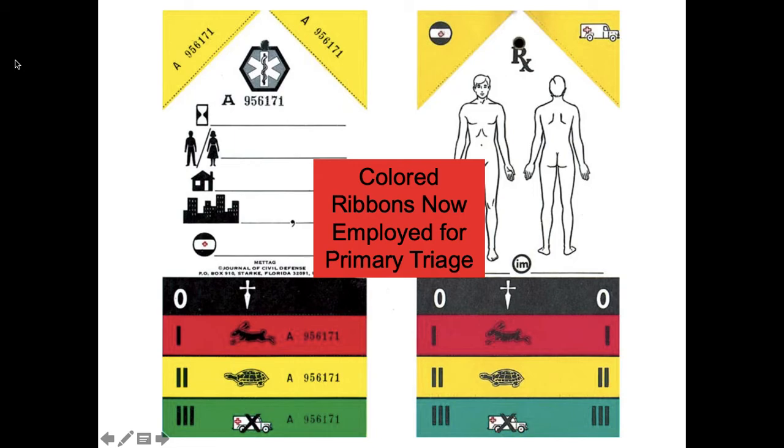So we use these ribbons now, these 4 different colored ribbons. The reason is it's a lot cheaper for one thing, and also they can be easily changed out without a lot of confusion. At some point in this process, if it's a large enough MCI, the patients will probably receive some type of triage tag like you see here. This is mostly going to happen just prior to them leaving the scene.